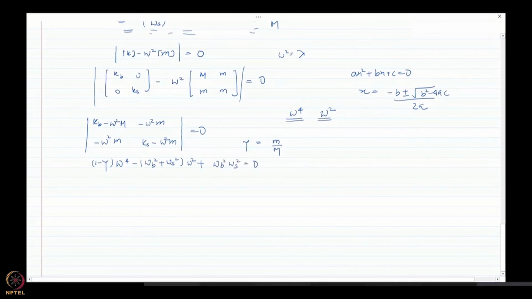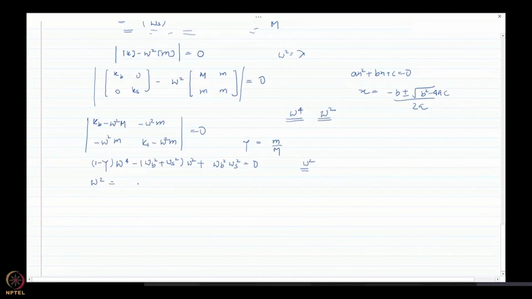So remember, this is a quadratic equation in terms of omega square. Now further what we can do, or let me just do this first, write down. So it is quadratic in terms of omega square. So my omega square I can write as minus b.